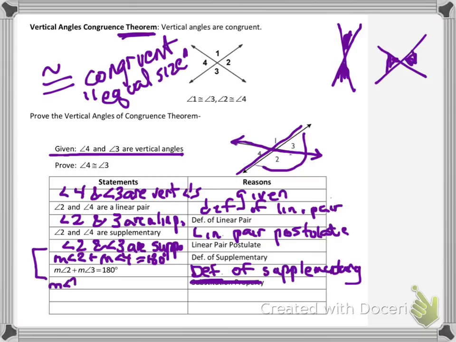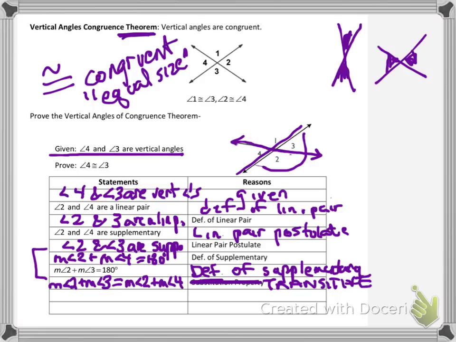So measure of angle 2 plus measure of angle 3 is equal to measure of angle 2 plus measure of angle 4. And that's something called the transitive property. Transitive. Basically, if A is equal to B and B is equal to C, then A has to be equal to C.